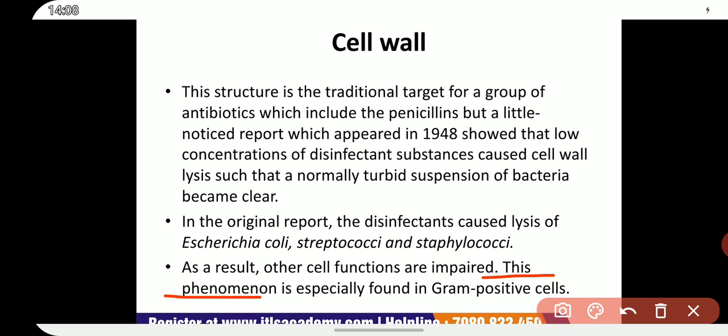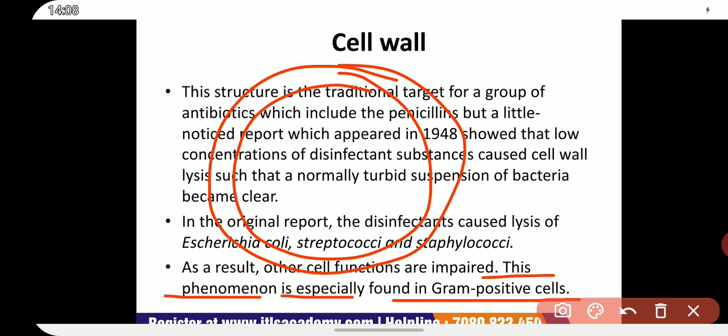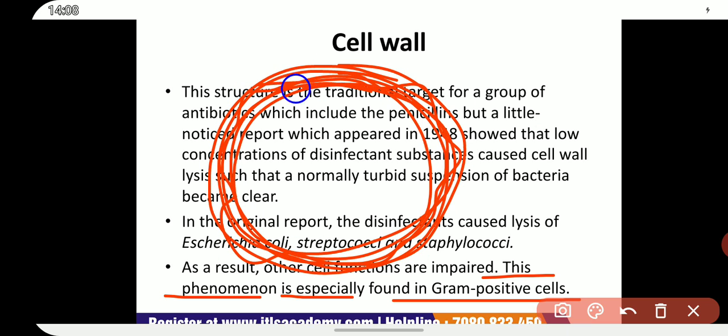This phenomenon is especially found in gram-positive bacterial cells. As we know, gram-positive bacteria have teichoic acid in their cell wall, so because of the presence of teichoic acid, they have a thicker cell wall than gram-negative bacteria.